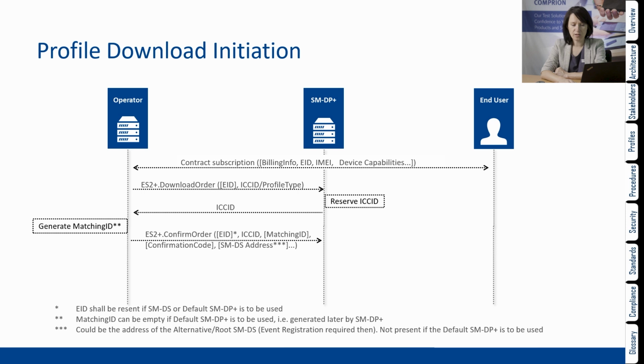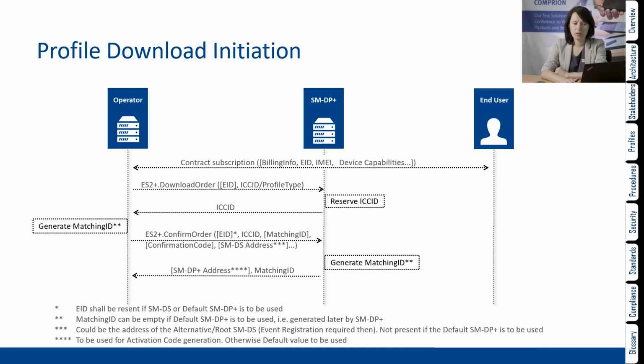It is not present if the default SMDP Plus is to be used. For the confirmation code, we will take a look, just remember this part. There is a specific confirmation code, which might be used by the operator for the profile download.